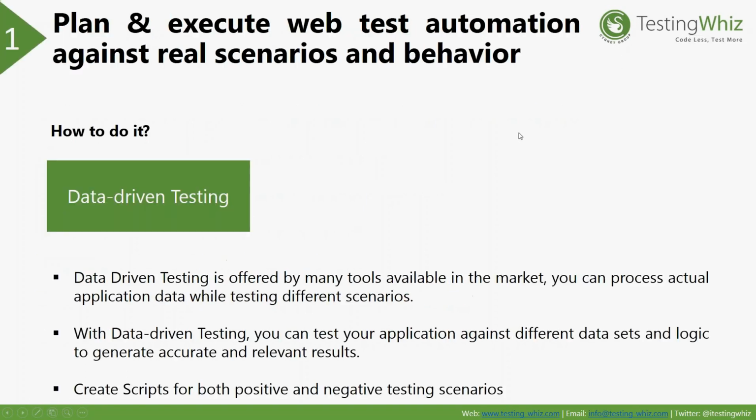I'll start with the first one, which is plan and execute web test automation against real scenarios and behaviors. So the best way to test your application is to allow the end users to test it.